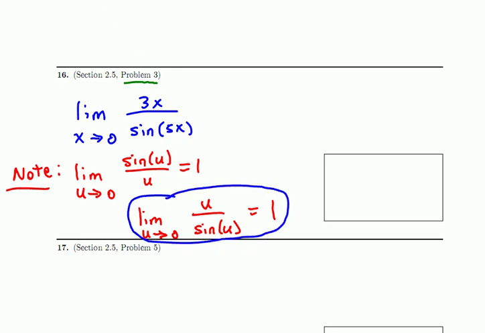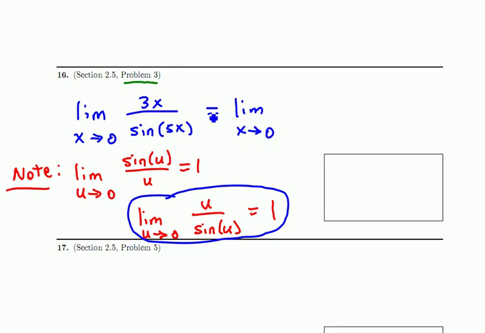Let's go back up here now and look at our expression. I've got the limit as x goes to 0 of 3x over sine of 5x. This would be u over sine of u if I had a 5x here instead of a 3x. What I'm going to do is get a 5x there just by doing a little bit of algebraic manipulation.